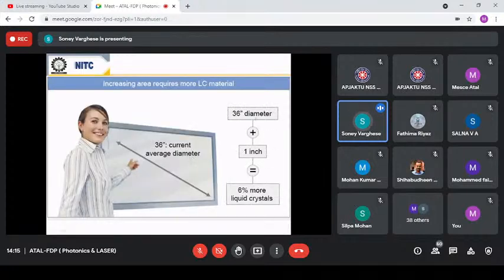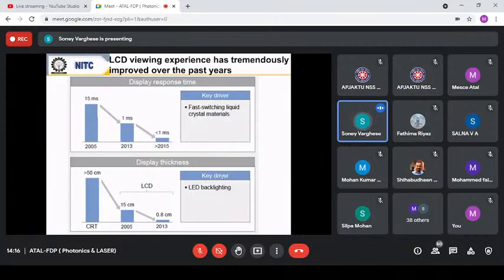For example, for a 36-inch display device, if you want to increase the size by 1 inch, you have to add 6% more liquid crystal materials, right? So nowadays, most very huge size display devices are available in the market, and the price is going down every day, right?